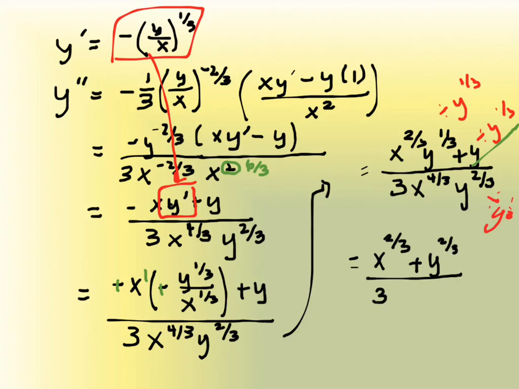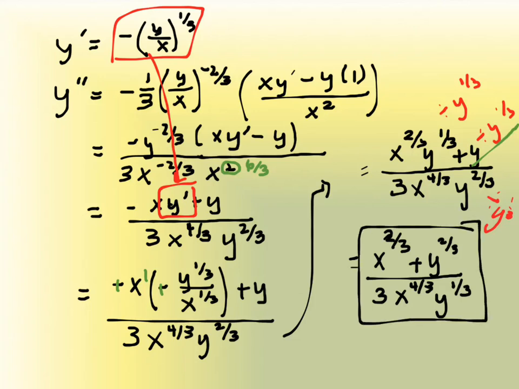My denominator still has a 3x to the 4/3 in it. Sorry, my exponents are really tiny, so they're really hard to read. And in the denominator now I have y to the 2/3 divided by y to the 1/3, so that is y to the 1/3. Remember, you're subtracting exponents, so 2/3 minus 1/3 is 1/3. And lo and behold, you are finished, because there's nothing else you can reduce.